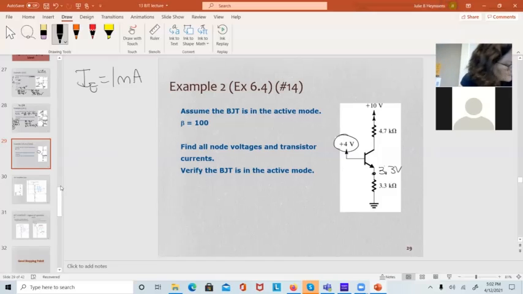We can go through that same process again. Our alpha is still 0.99. So IC is going to be 0.99 milliamps. And IB is the difference between those two. So IB is 10 microamps.